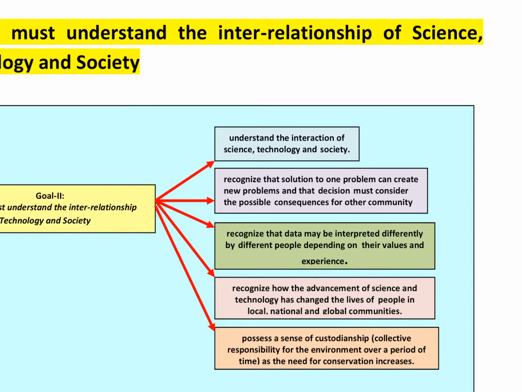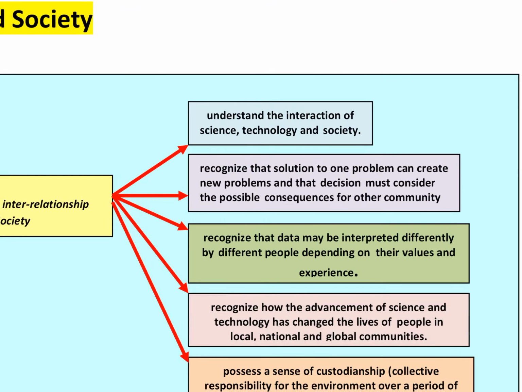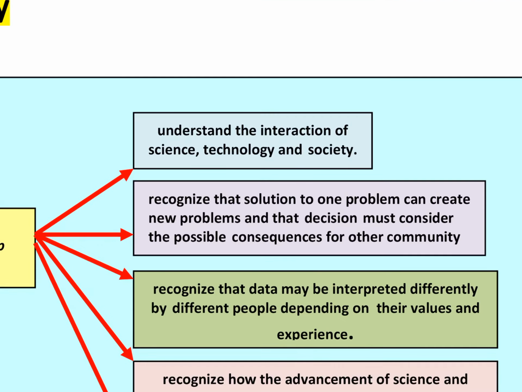And this objective will be attained by the learners if they become able to understand the interaction of science, technology and society. Secondly, the learners should be able to recognize that a solution to one problem can create new problems, and that decisions must consider the possible consequences for other communities.